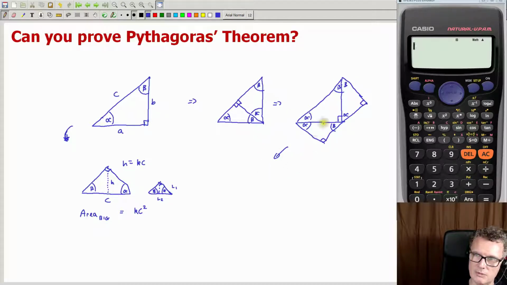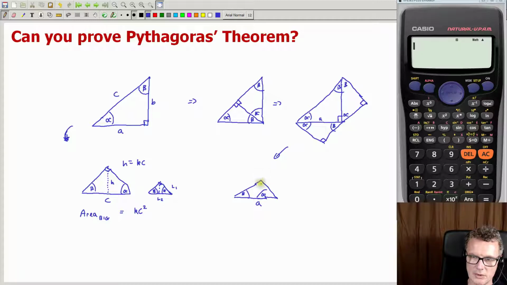Let's whiz it around. So we've got this one here, so that's going to have the beta this side and the alpha that side. So that's my length A. So move around and that's your length A.